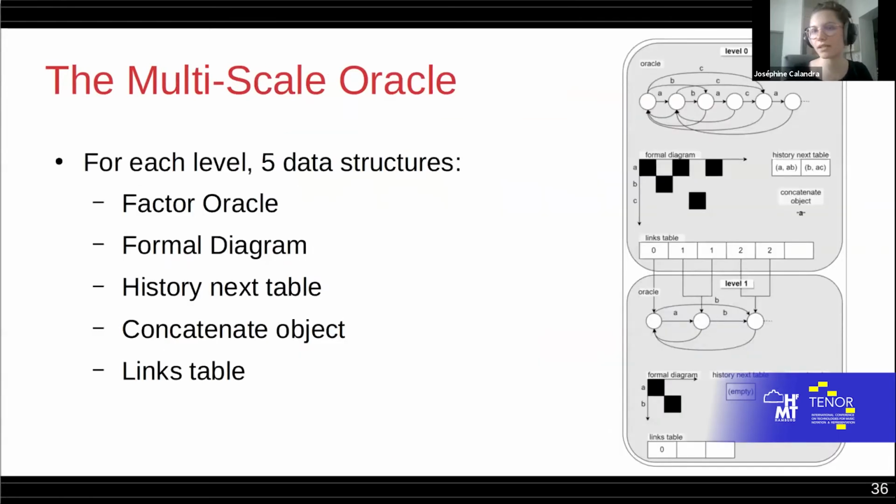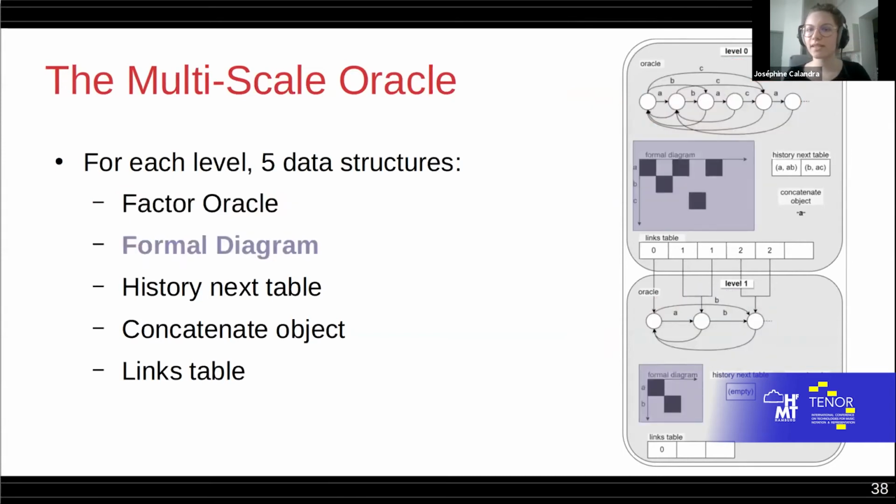For each level of formal diagram, the multi-scale oracle instantiates 5 data structures. The first one is an oracle as it is conceived by Shlomo Dubnov, and it is a kind of automaton that allows optimized access to previously heard similar objects. It also instantiates the structure that corresponds to the formal diagram.